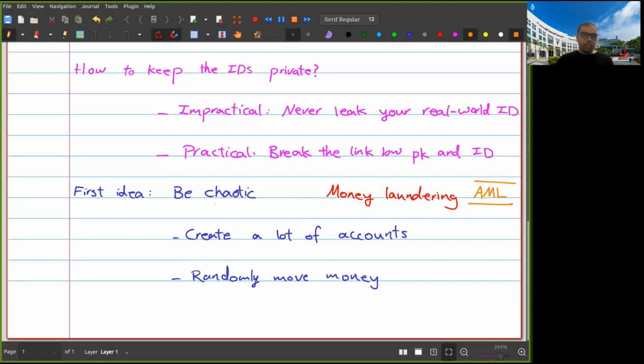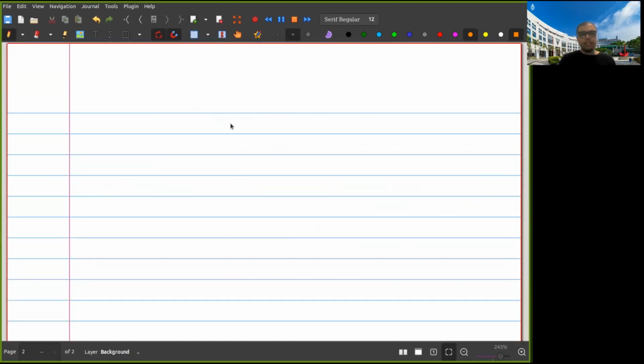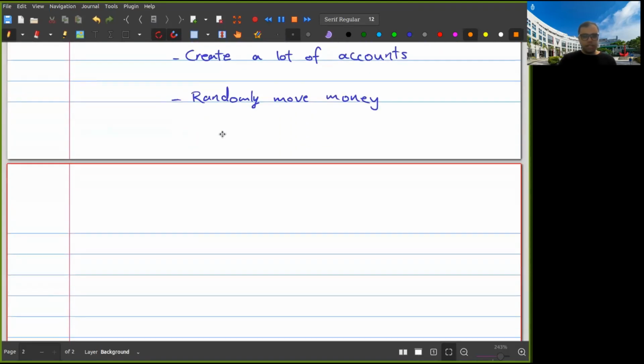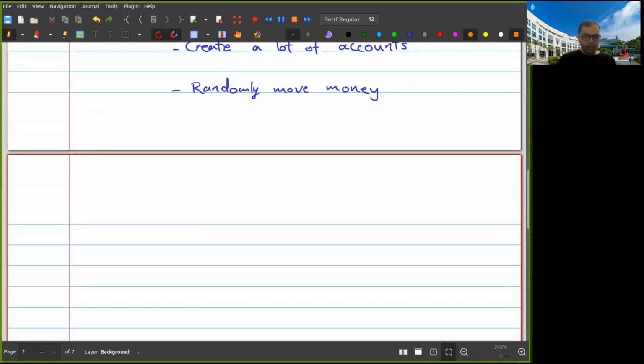So if you do something like this, if you're chaotic, you create a lot of accounts, you move your money in a very random and unpredictable way, it's likely that you will actually get some privacy. It's likely that your local coffee shop or your broker or exchange cannot really track you, but your government still can. So this one gives you privacy.